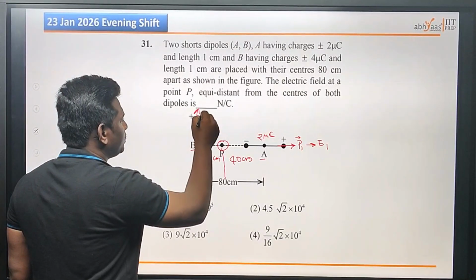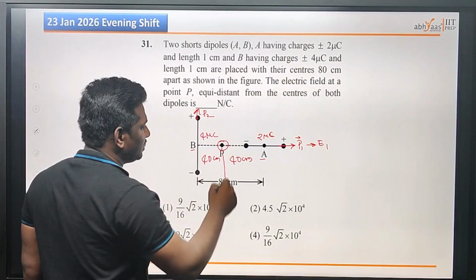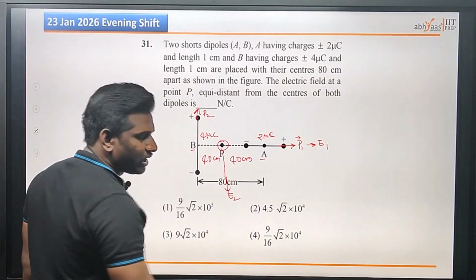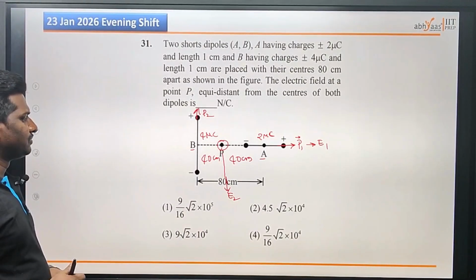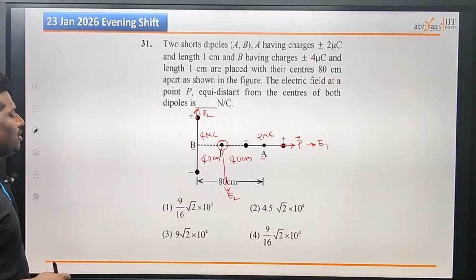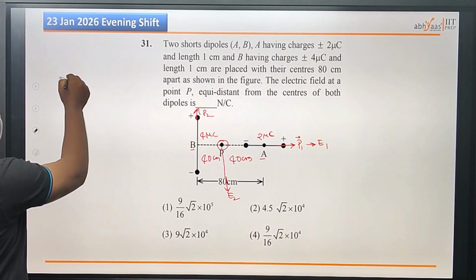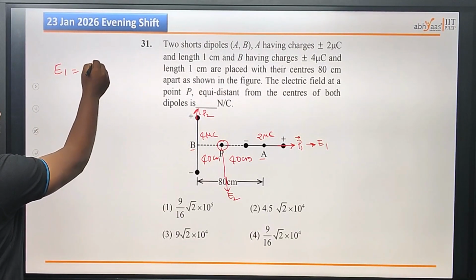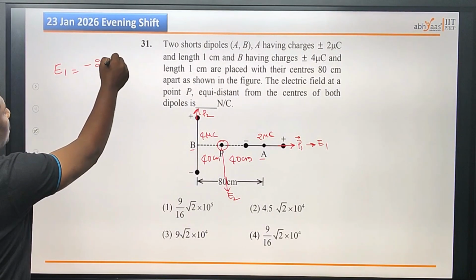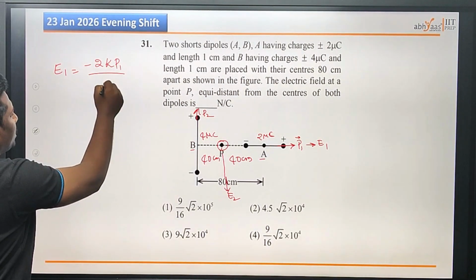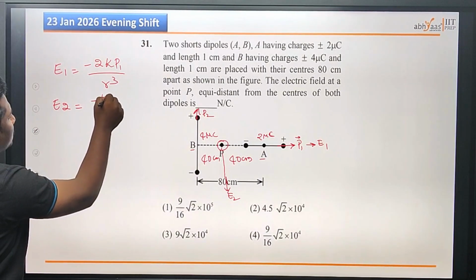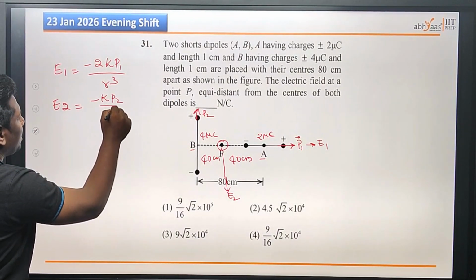Take this P2 and we are having E2 in negative y-axis. Now see here, what is the value of E1? E1 can be written as minus 2k P1 by R cube, and E2 can be written as minus k P2 by R cube.